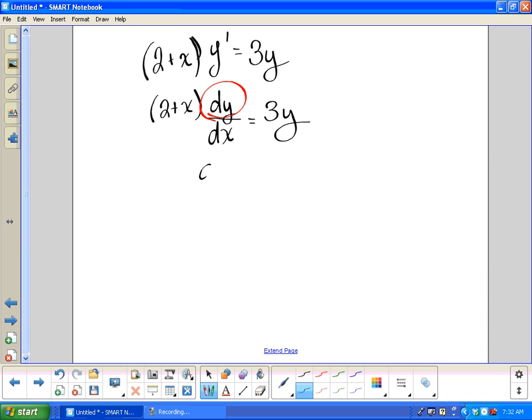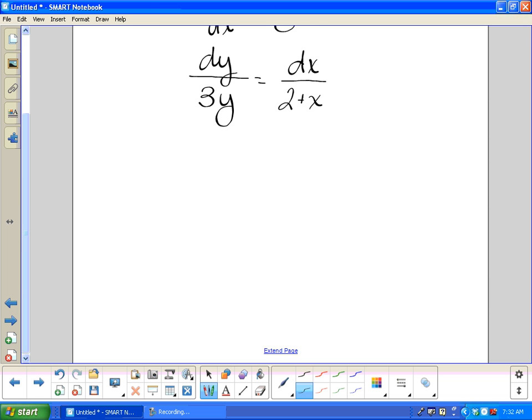And what we end up with is dy divided by 3y, I moved the 3, is equal to dx divided by 2 plus x, because we have to divide both sides by 2 plus x to move it over. And now I'm going to integrate both sides.